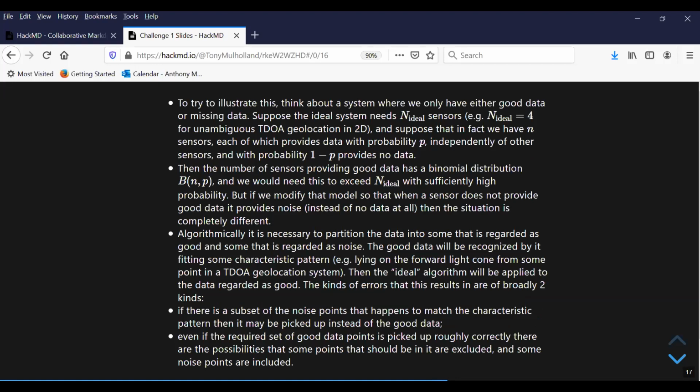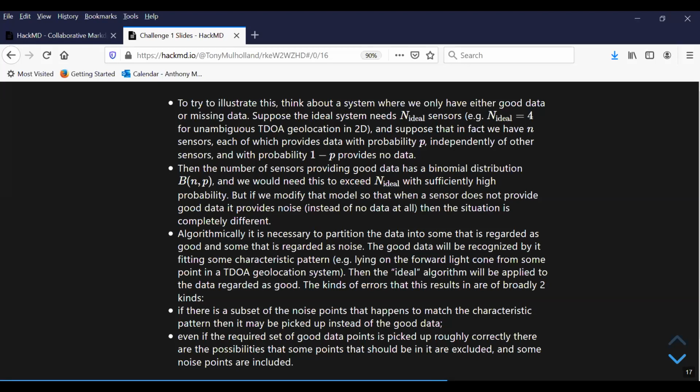If we have sensors that say they provide good data with probability p, but provide no data at all with probability 1 minus p, then that's not such a bad situation. You just need the number of sensors that are providing good data to be sufficiently large, and it just has a binomial distribution, and you'd be in a good situation.